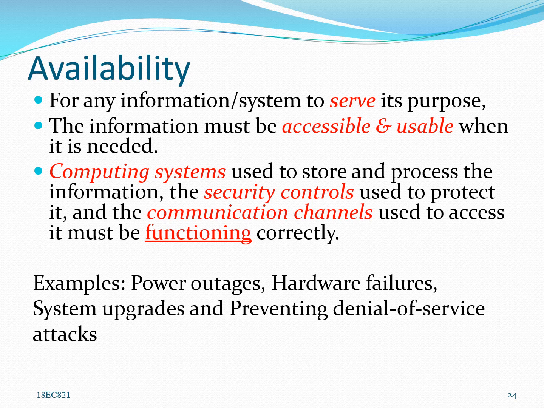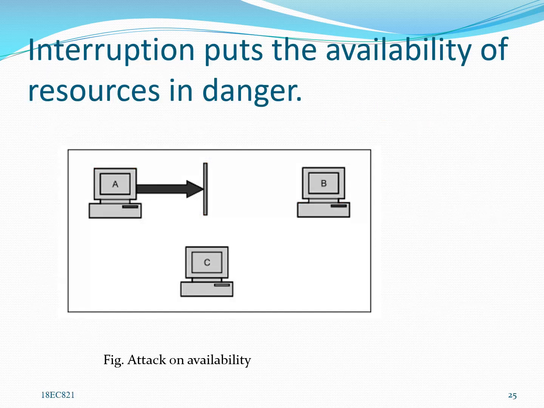Such an attack is called an interruption. This is one example of an attack on availability. In this diagram, because of unauthorized user C, A is the authorized user but he is not able to contact server computer B.